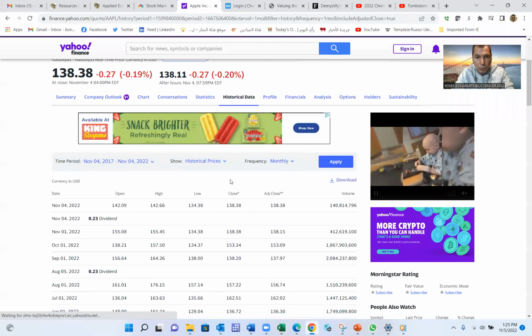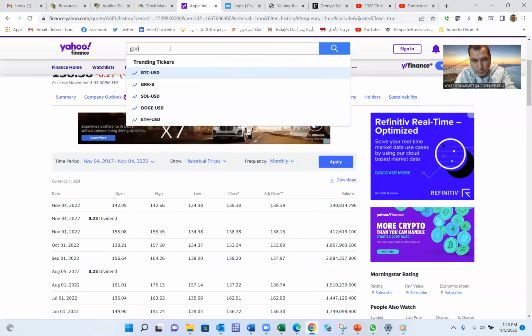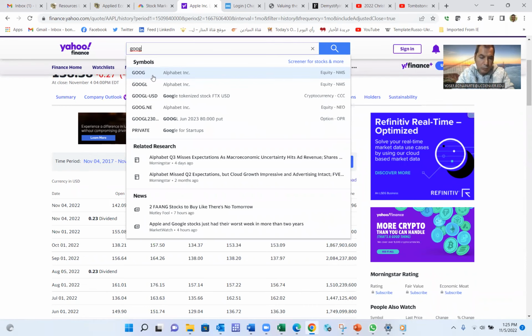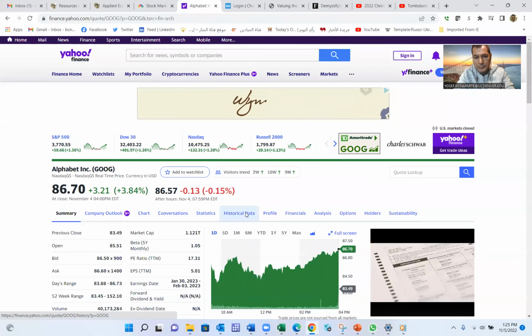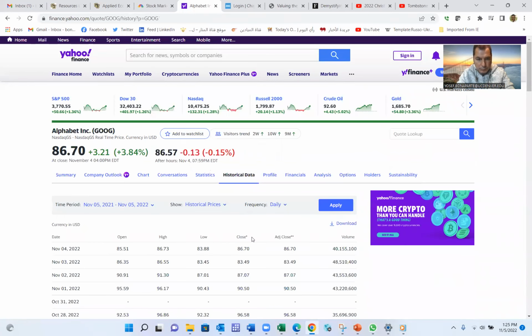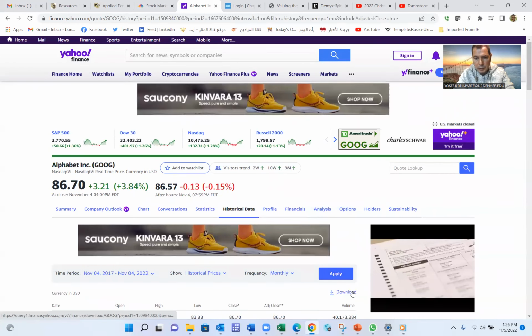And then you have to do Google. There are two tickers for Google, one different, but pretty much the same. Historical data. 5 years. Monthly. Apply. Download.